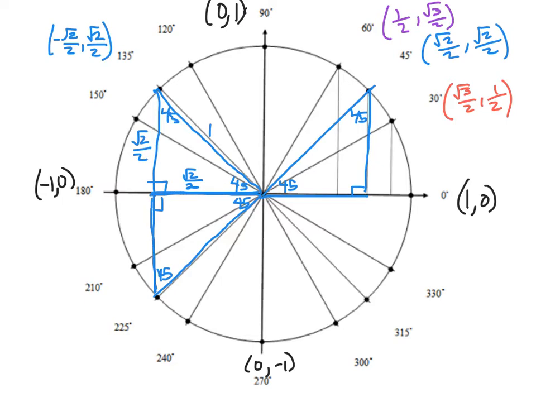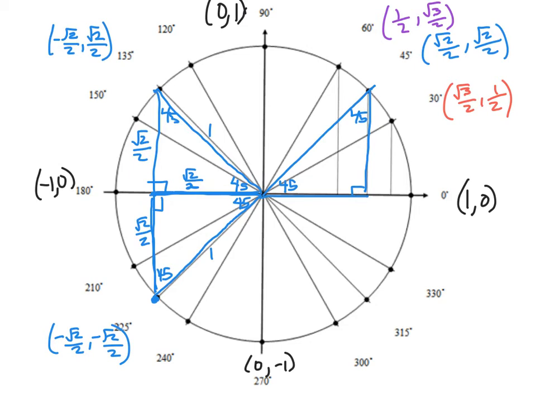This side is also radical 2 over 2, and the hypotenuse is 1. Now think carefully about how I'm going to get to this point down here, the one that's marked 225 degrees. I'm going to go negative radical 2 over 2 because I'm going to the left to get to that point. But then I see that I'm also going to go down to get to that point, so the y-coordinate is also negative radical 2 over 2.